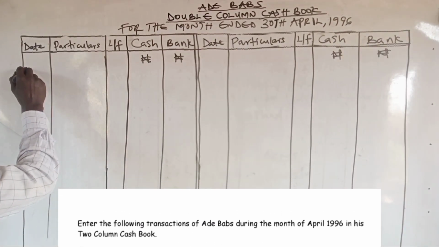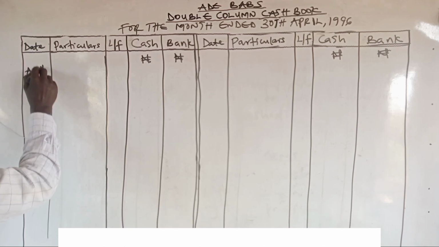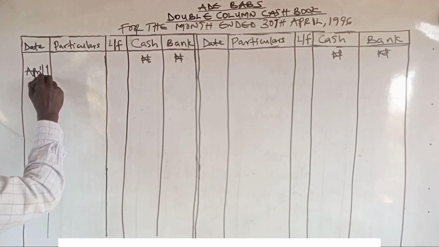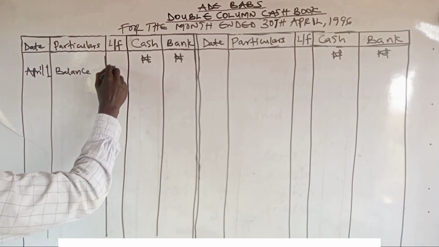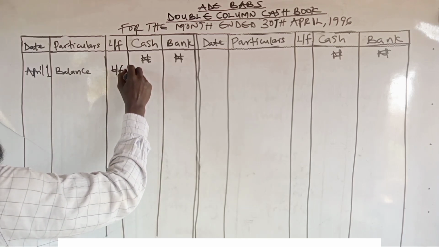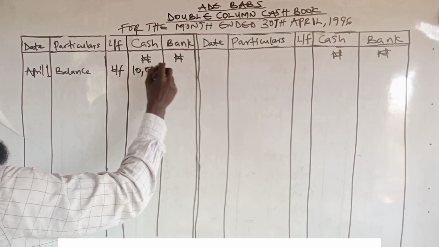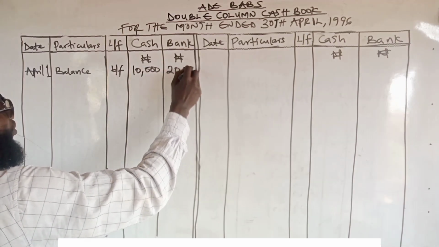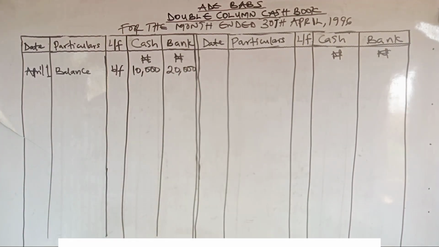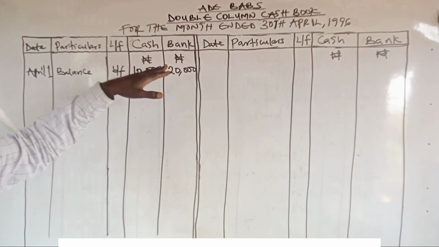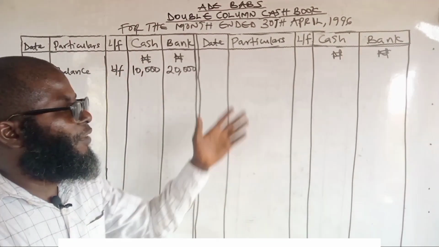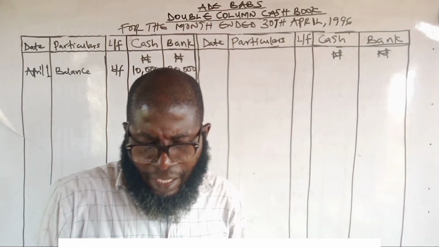Then you come here, April 1st. Then you have balance brought forward. Then for cash, it is 10,000 naira, while this is 20,000 naira. Now, I indicate it with the sign of the currency I'm working on. It is naira. You have to indicate the currency sign there.